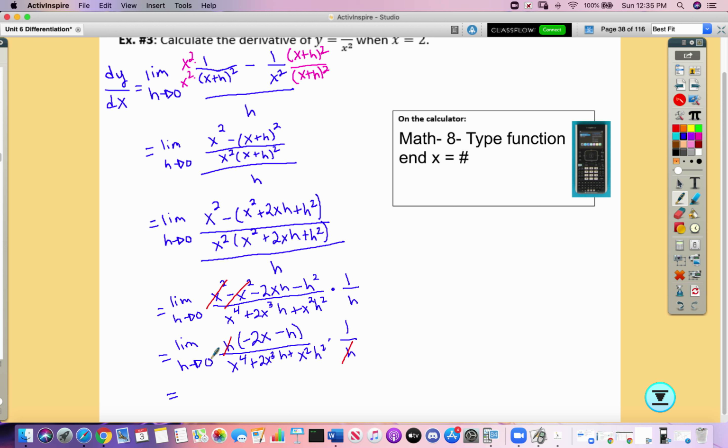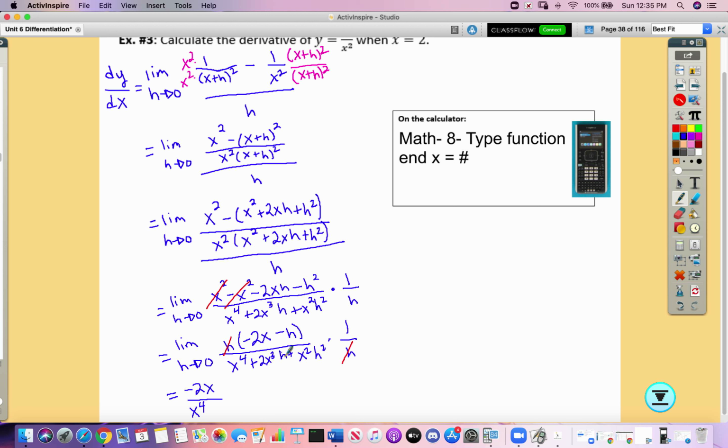Now if we substitute a 0 in for our h's, we are no longer going to cancel everything out in our denominator. So up on top, I'll be left with negative 2x. Well, minus 0, I don't need to write that. And as h approaches 0, x to the 4th is going to stay x to the 4th.